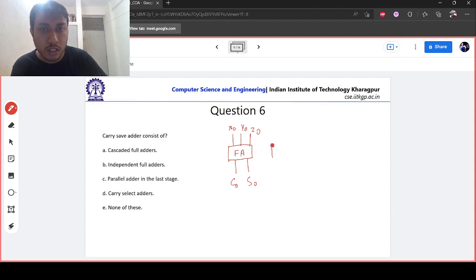For the next bit, again the same case: x1, y1, z1, giving c1 and s1.